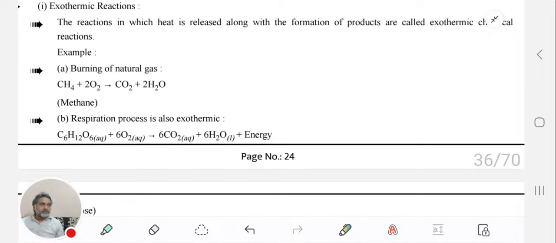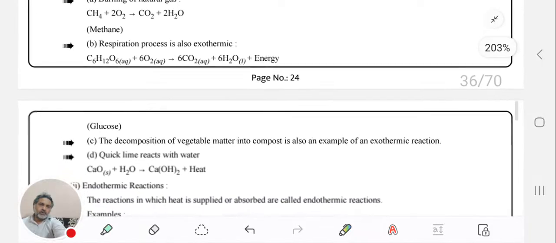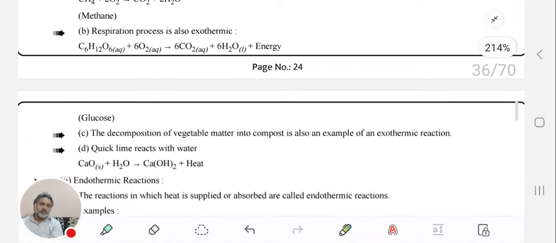CH4 plus 2O2 gives CO2 plus 2H2O. B. The respiration process is also exothermic. C6H12O6 plus 6O2 gives 6CO2 plus 6H2O plus energy.